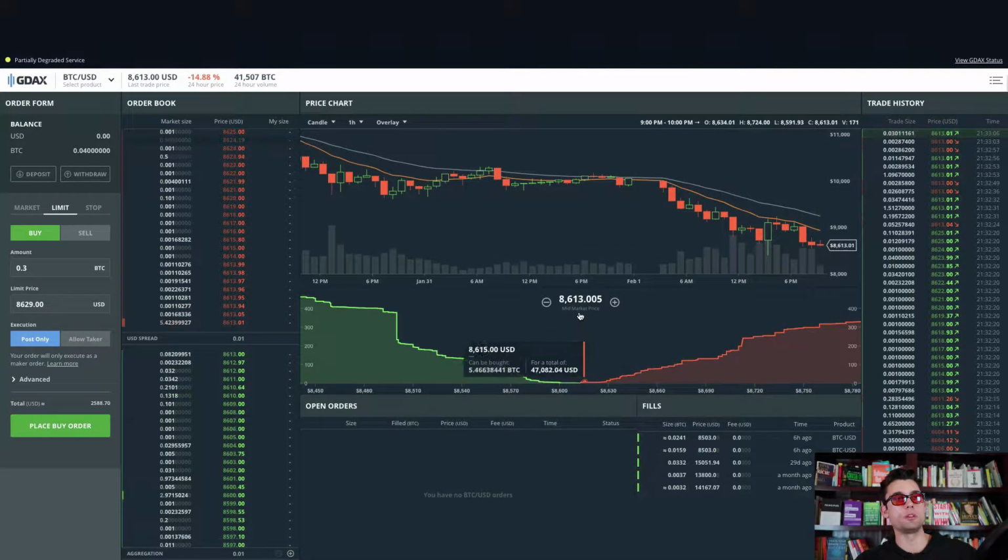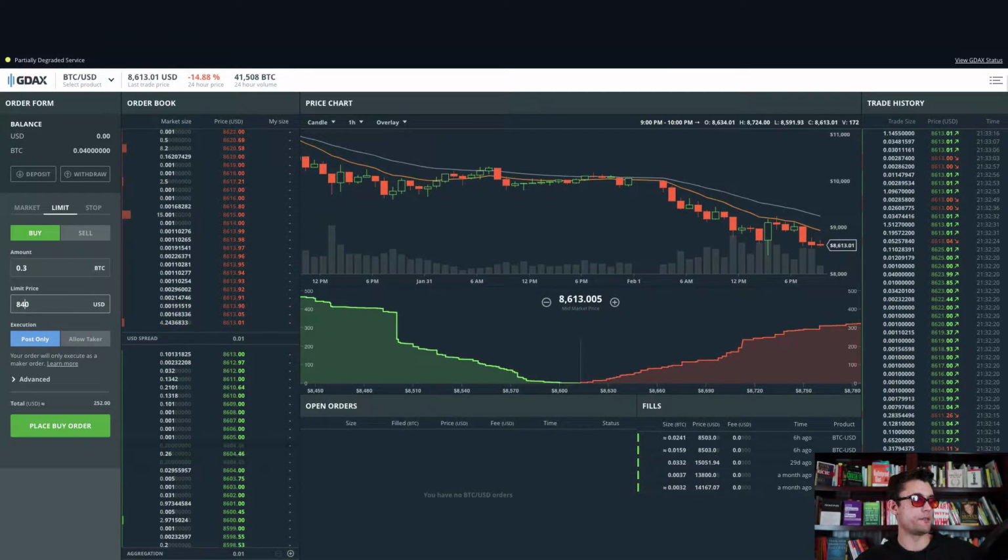So instead of me putting in 8,613, maybe what I'll do is I want to buy it at 8,500, or 8,450, just a lower price, because I'm looking at this graph and I'm saying, okay, it's definitely going down. All of the indicators are saying that this is a short-term bear market.